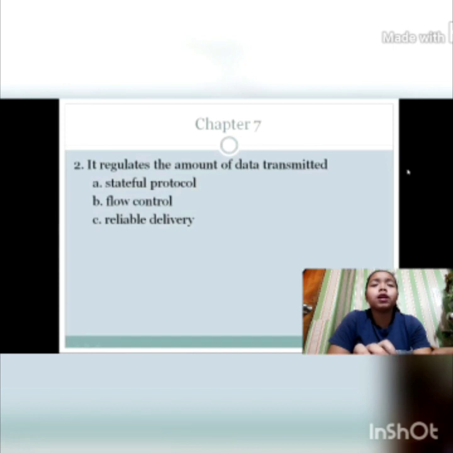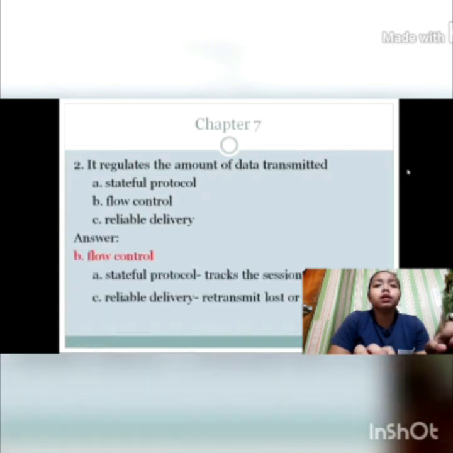Number 2, it regulates the amount of data transmitted. A, stateful protocol, B, flow control, and the C, reliable delivery.